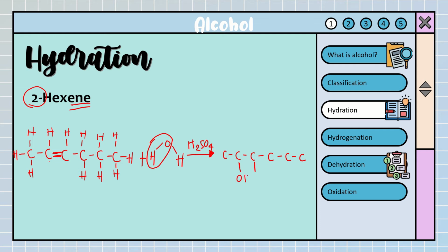So we have here the OH, and then this hydrogen from the water will be bonded in here. Therefore, to complete our equation, we have here the hydrogen atoms. As a product, we now have an alcohol product. To be specific, our product is 2-hexanol.